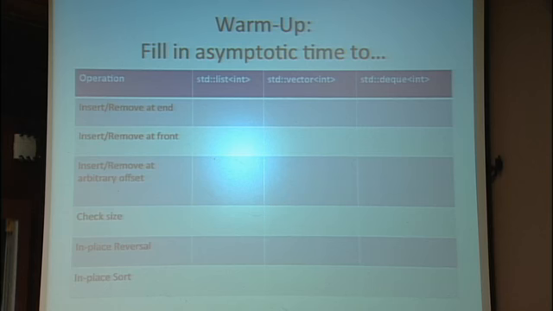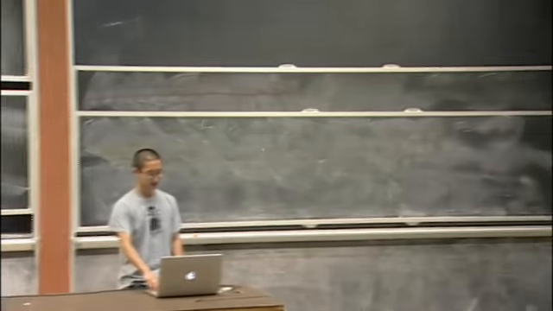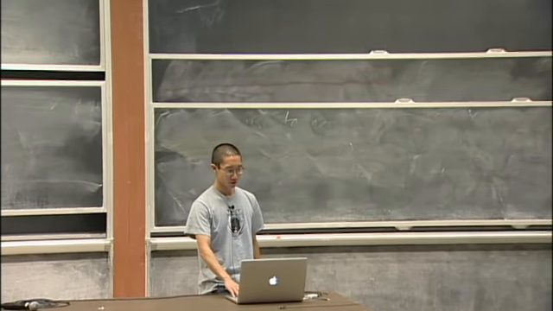And a deque, how many people have used the deque? Cool, one. How many people know what the deque does even if they haven't used it? Three, four? Okay, so a deque is actually implemented similar to a vector, but it's dynamically growing on both ends.